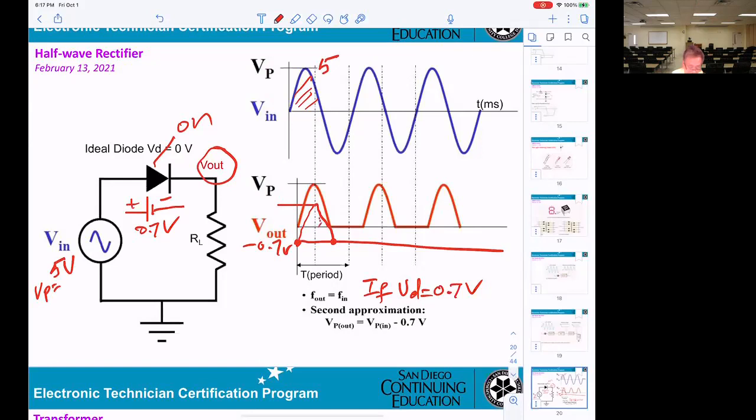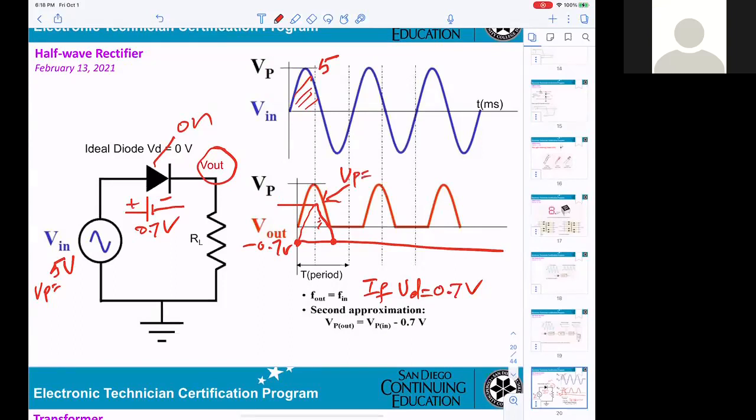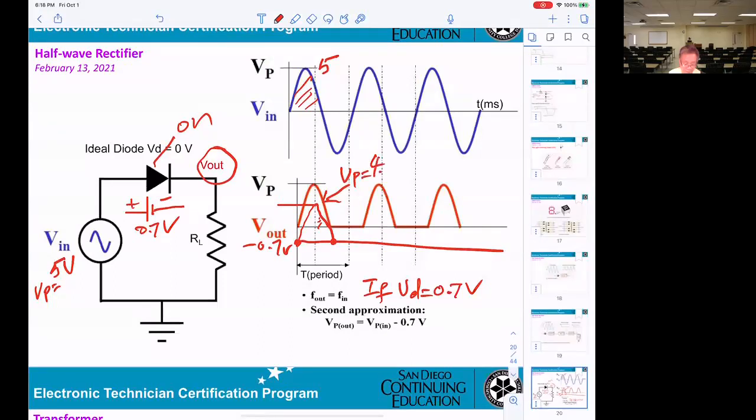So if you're looking at this circuitry, what does V peak equal? 4.3 volt. Okay. The thing is V peak will be measured from 0. And now they already went down 0.7. So that's why you get only 4.3.